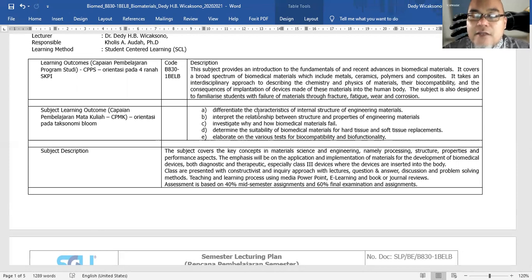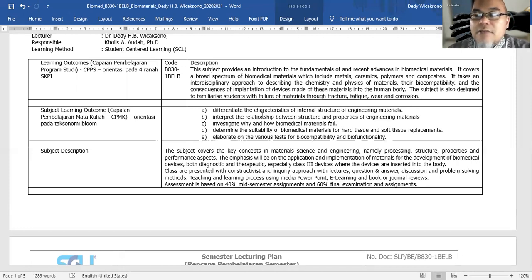With 3 SKS, it is actually not enough to cover all aspects of biomedical material. Even in the new curriculum, it is reduced to two SKS because we need to cover other subjects as well. So this is basically just to introduce you to the basics of material science and engineering, with some aspects on processing, structure, properties, and performance.